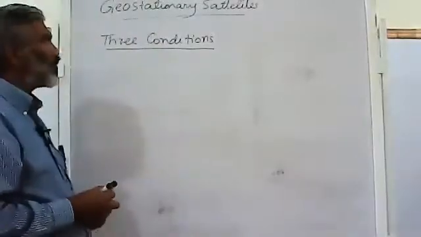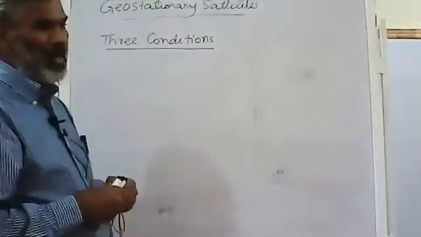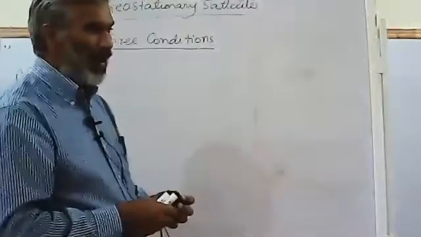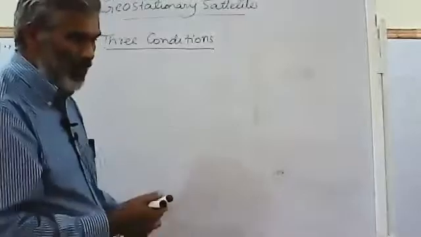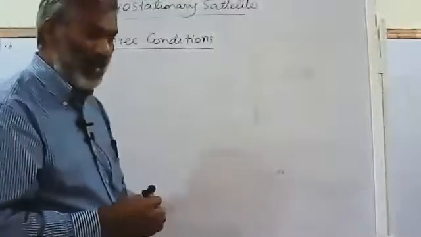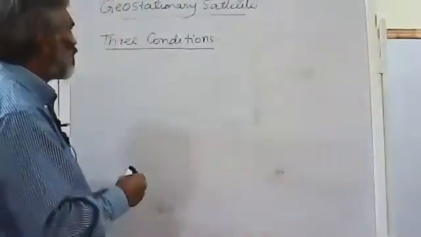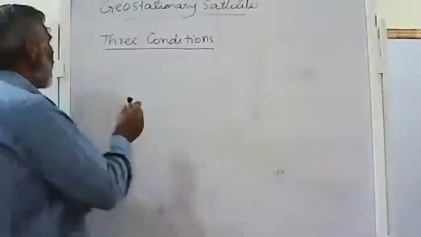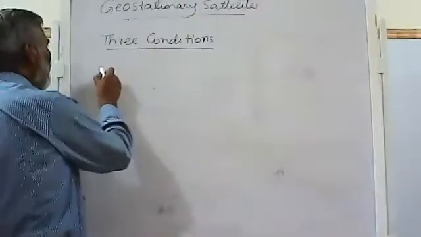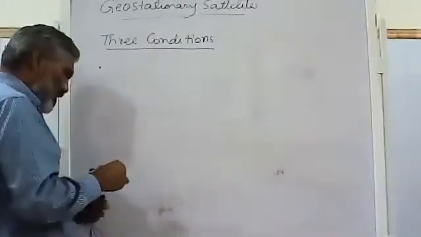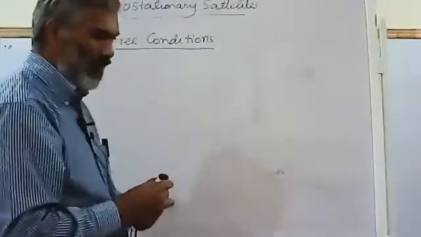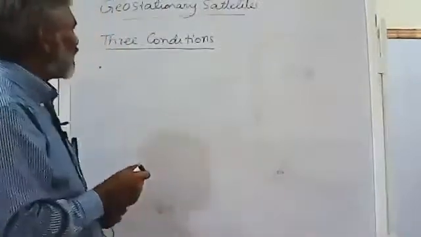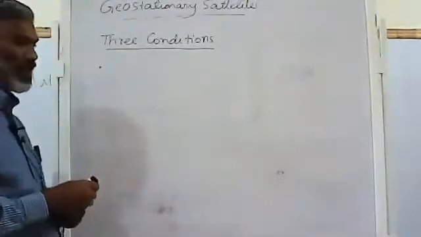They do not appear to be moving at all. They remain permanently there, although they move, but exactly in what manner they move, so they do not appear to be moving, that is something we'll see now. So there are three conditions that are necessary to be fulfilled if a satellite is to be a geostationary satellite.